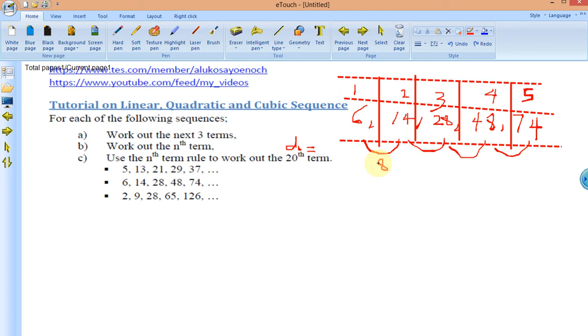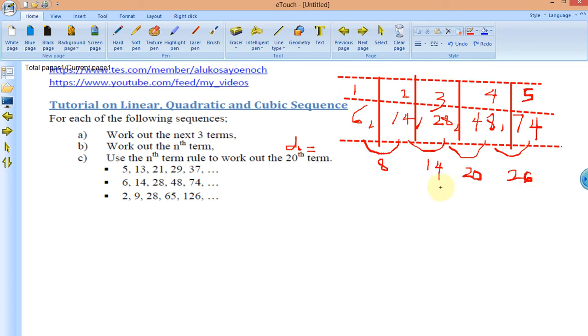Then 28 minus 14, that is 14. 48 minus 28 is 20, and 74 minus 48, that is 26. So as you can see, the first difference is not a constant. D1 is not a constant. So the implication is that this is not a linear sequence.